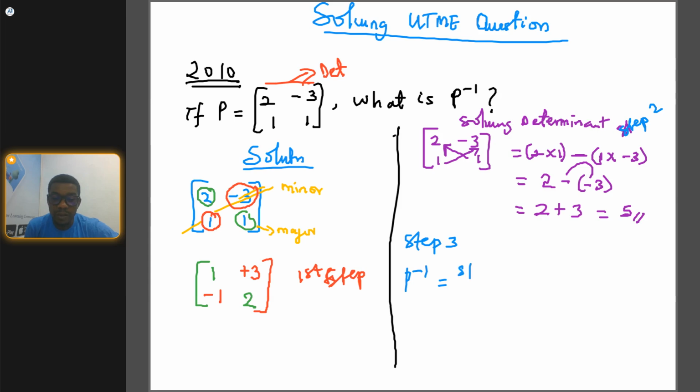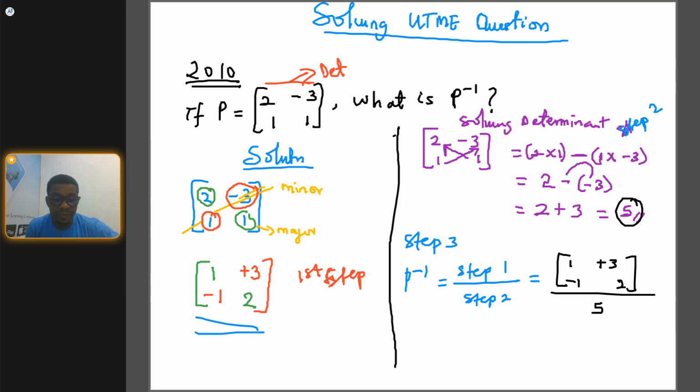Step 1 is the matrix we got: (3 plus 3... let me say (1, 3; -1, 2), divided by step 2. What did we get in step 2? We got 5.